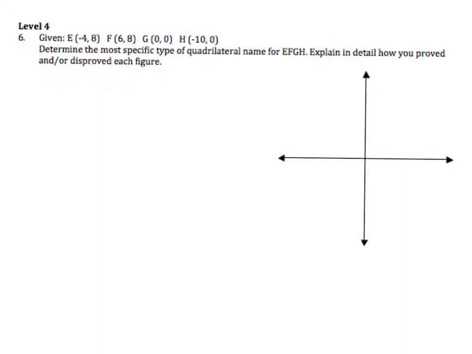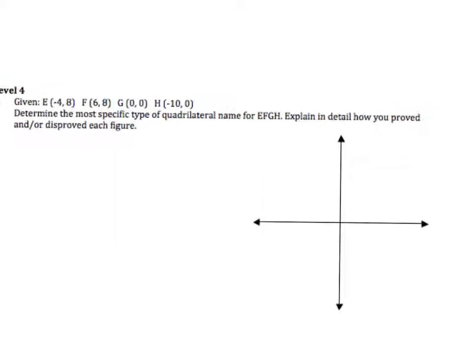All right, level fours are questions where we're going to plot points on a coordinate plane and then figure out what shape is best described by different properties that we can find on the coordinate plane. So in level 4, it says E is at negative 4, 8. I'm going to go ahead and plot all these points.